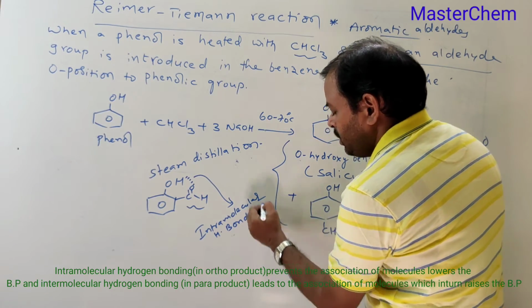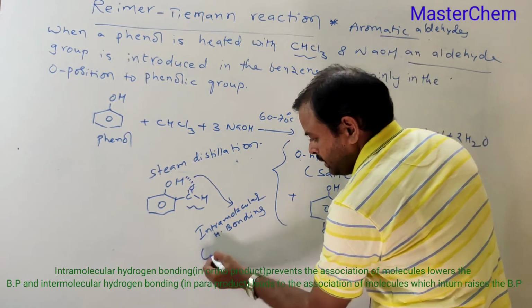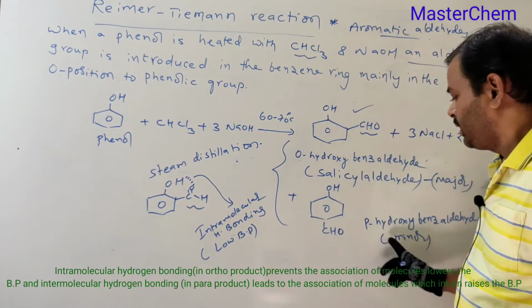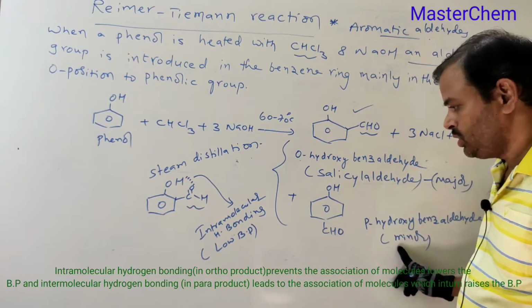Due to this intramolecular hydrogen bonding, it has a lower boiling point than para-hydroxybenzaldehyde.